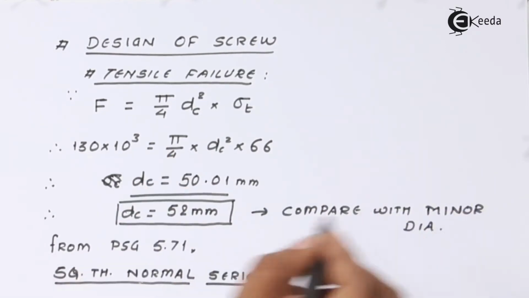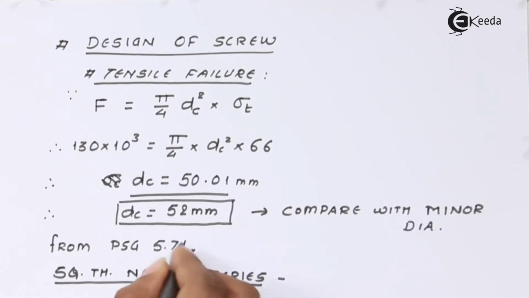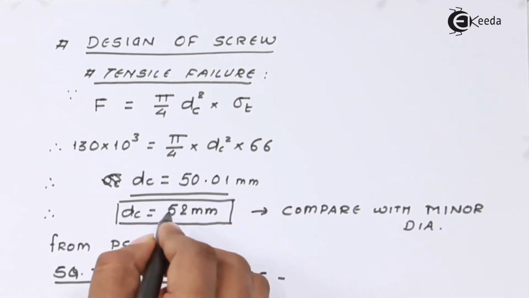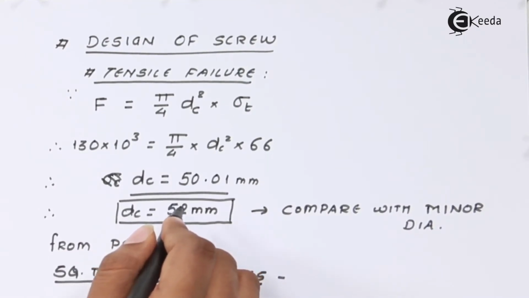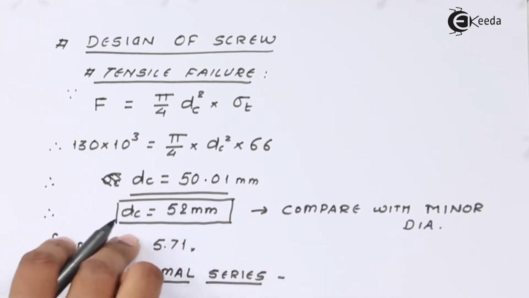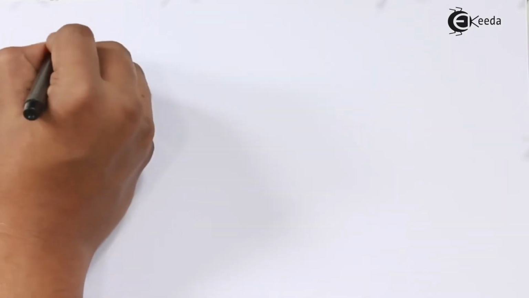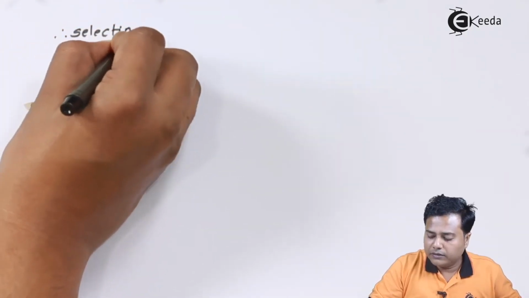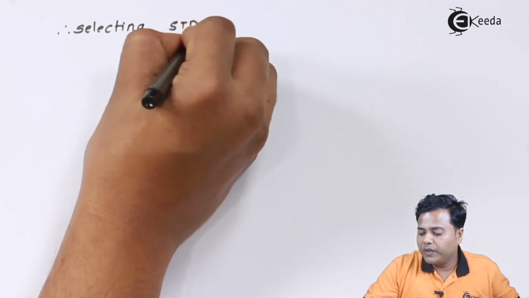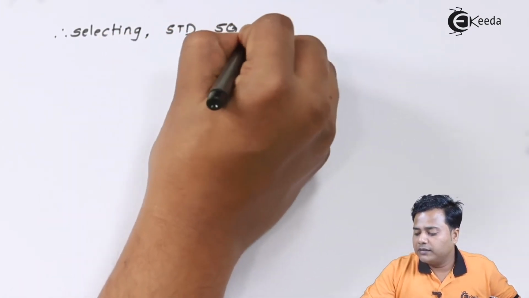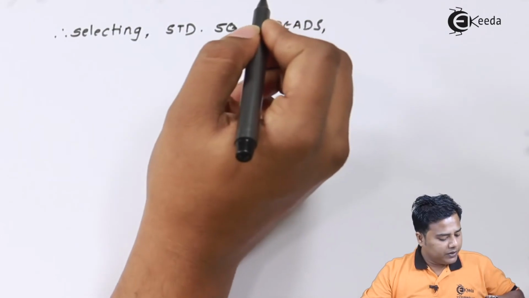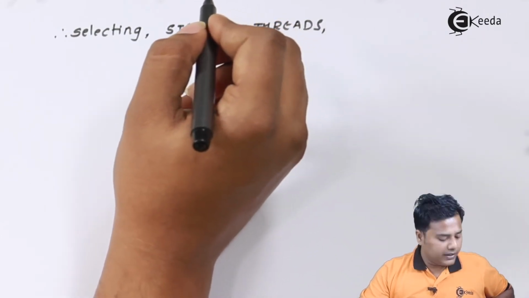Now comparing with the minor diameters available in this particular range with this 52 value, the value that we will prefer is 55. Of course we have the liberty to use 53 also, but let us go for 55, which is the higher range.